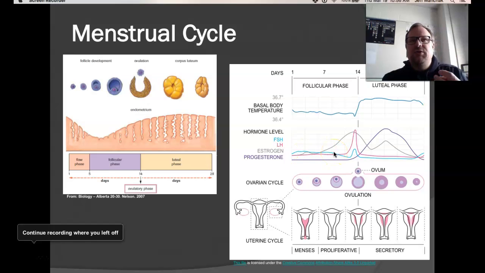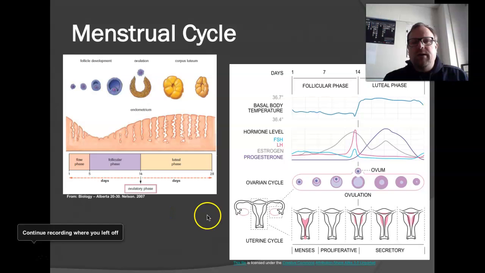So we're trying to stimulate the follicle to develop into a follicle that can mature into a secondary oocyte. You'll see it peaks and then levels drop off, and then they start to ramp up right before the beginning of flow phase again, where the follicle needs to start developing.